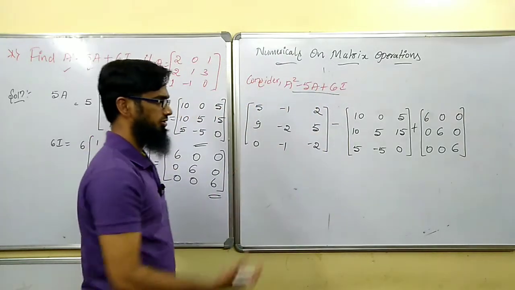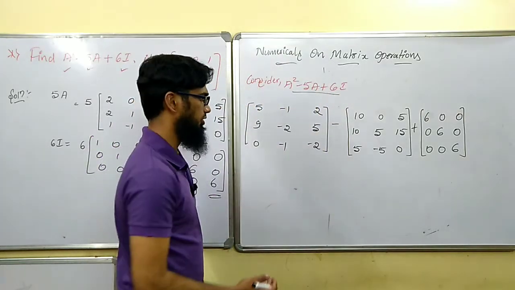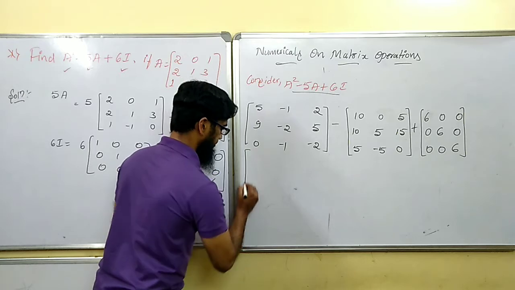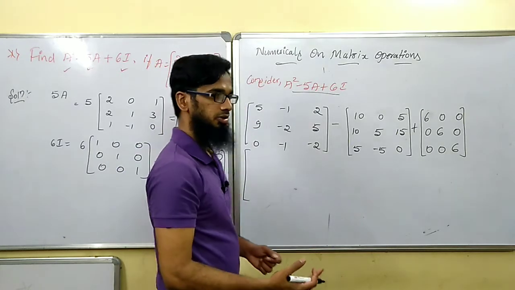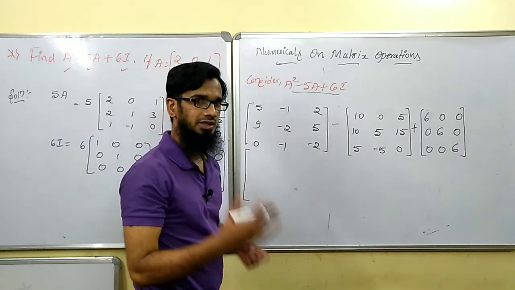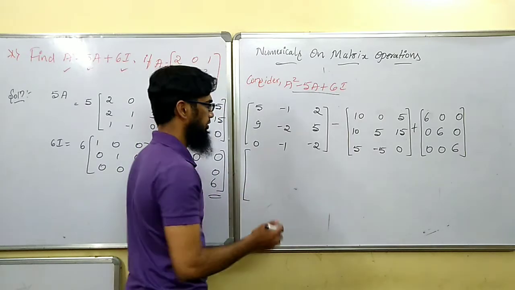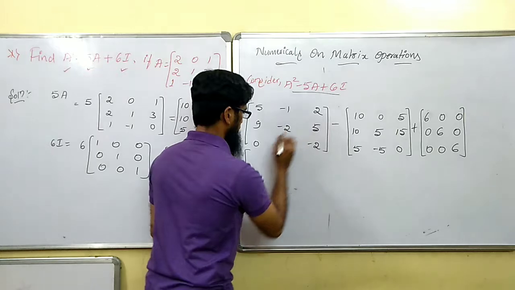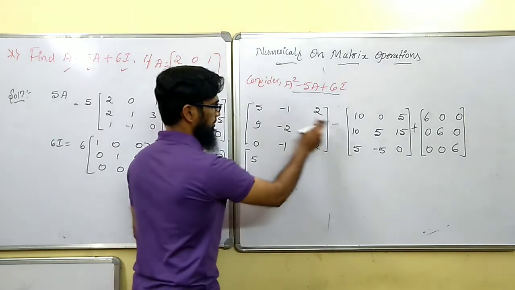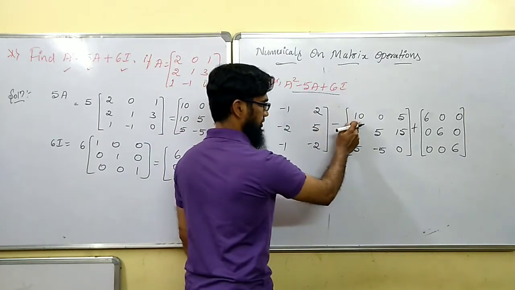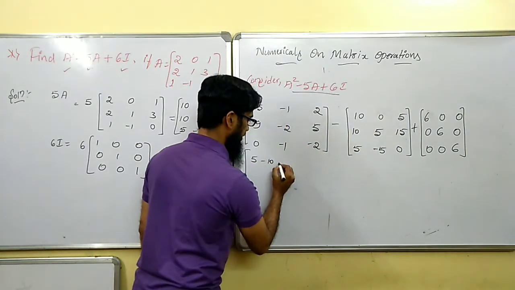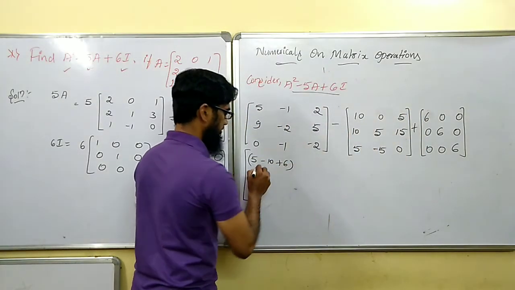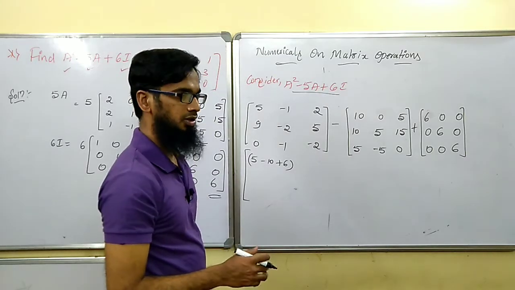Now you just simplify this matrix subtraction and addition. Consider only the corresponding elements. You have to add or subtract only the corresponding elements. So 5 minus the first element, 10, plus the first element of 6I, that is 6. This is the first element of the final matrix.